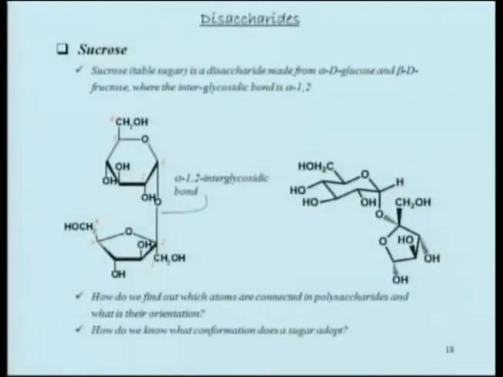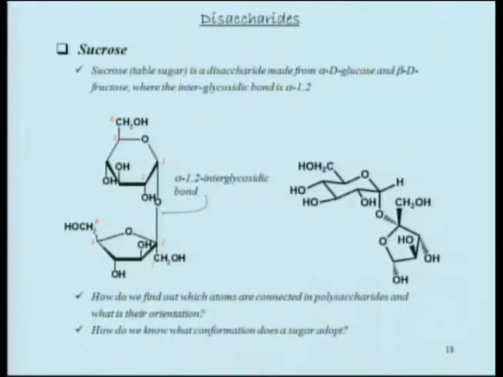about disaccharides obviously is that the monosaccharides are connected through a bond. Okay, so the OH, for example, here is connected to a carbon, and this is called the interglycosidic bond. Yeah, and that's important for polymers. The interglycosidic bond is the one that connects monosaccharides.